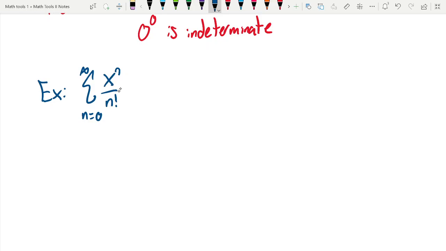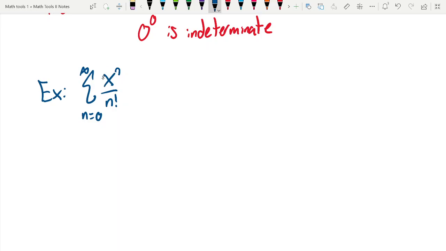We had this n, but it's not really a variable in the traditional sense, in that we weren't defining any kind of function or anything like that, right? It's the index, and at each step, we know exactly what n is.